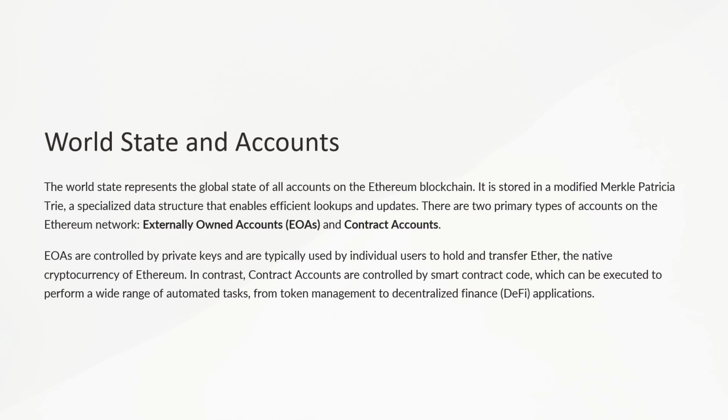EOAs are controlled by private keys and are typically used by individual users to hold and transfer Ether, the native cryptocurrency of Ethereum. In contrast, contract accounts are controlled by smart contract code which can be executed to perform a wide range of automated tasks, from token management to decentralized finance applications. Let's look into EOAs and contract accounts in much more detail.